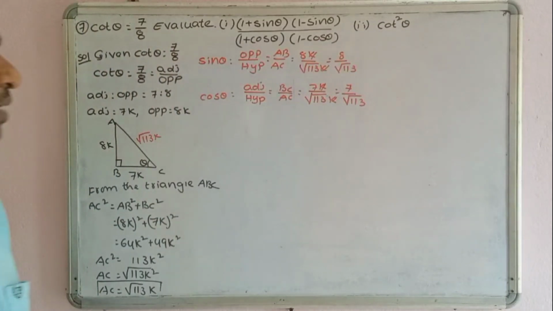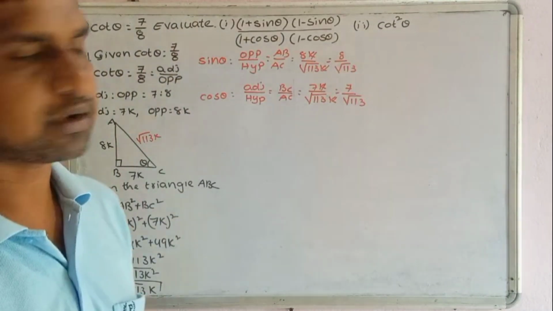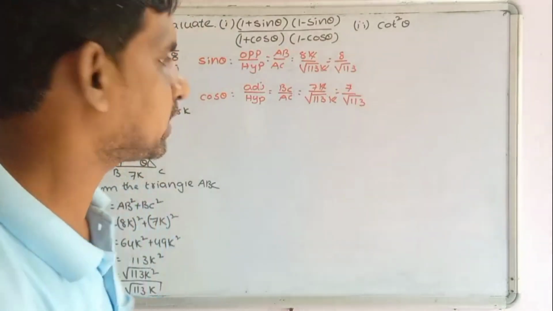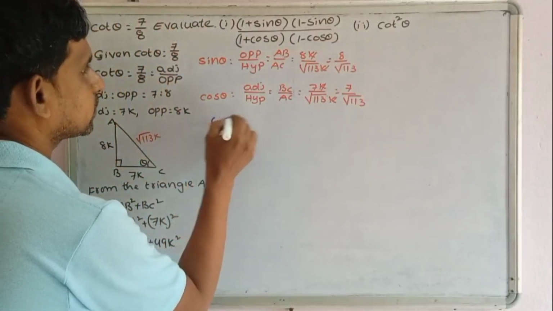Now the first problem: (1 plus sin theta)(1 minus sin theta) by (1 plus cos theta)(1 minus cos theta). See the first one.